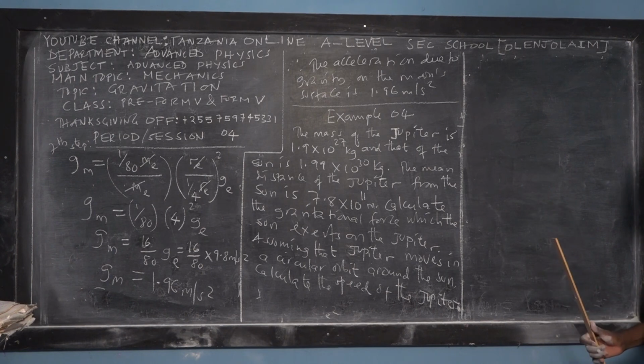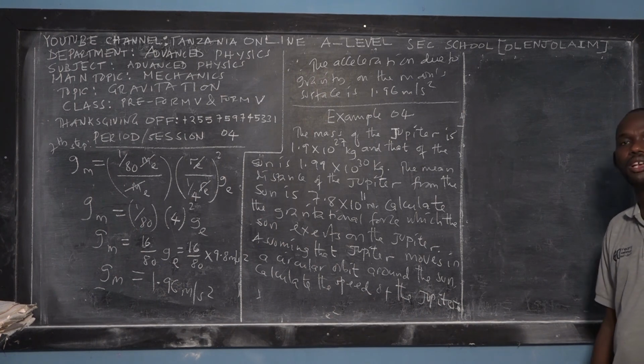It's heavier than the Earth. The mean distance of Jupiter from the Sun is 7.8 x 10^11 meters. Calculate the gravitational force which the Sun exerts on Jupiter, assuming that Jupiter moves in a circular orbit around the Sun. Calculate the speed of Jupiter.